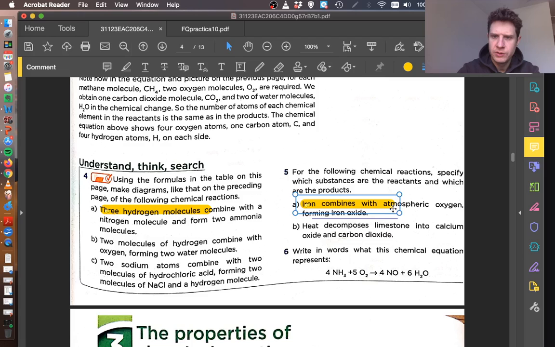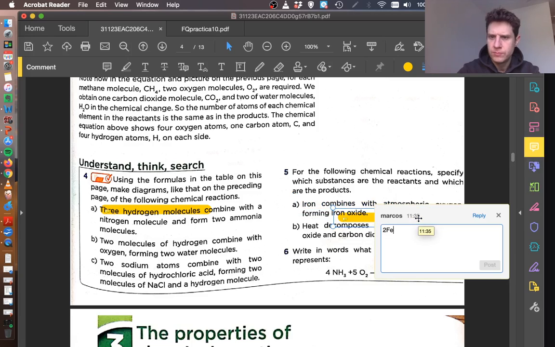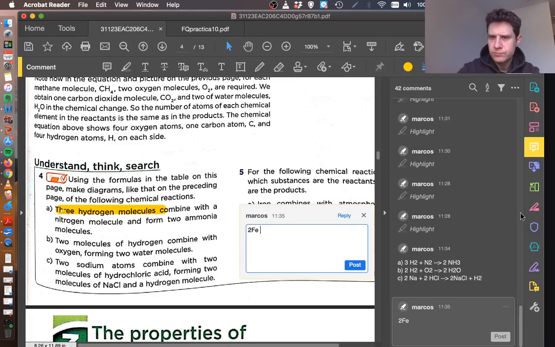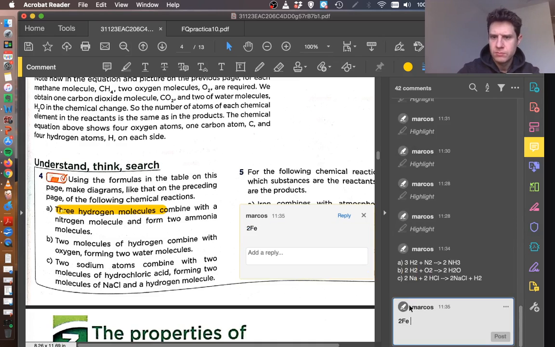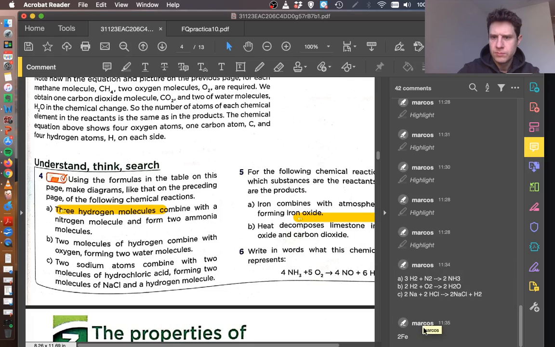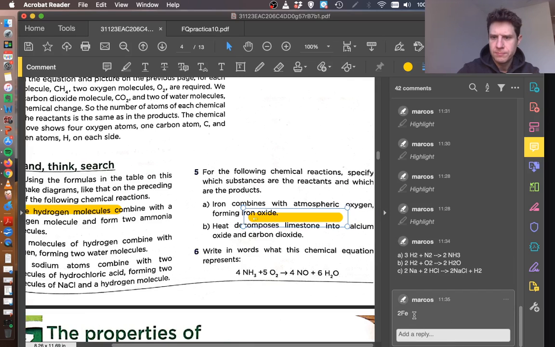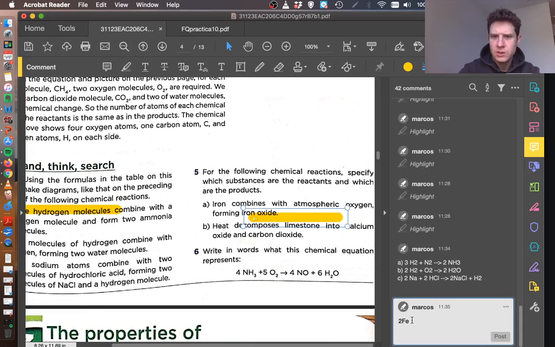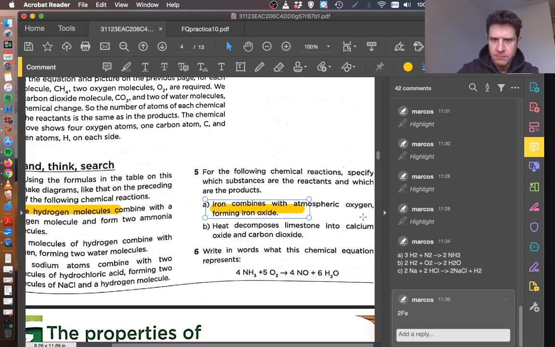I don't know if I can move it. Well, then we will read it maybe this way. 2 atoms of, I'm going to move it here.